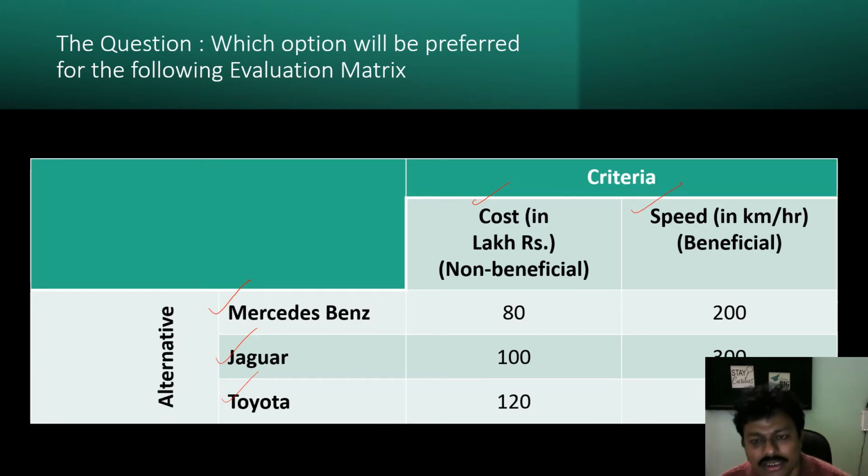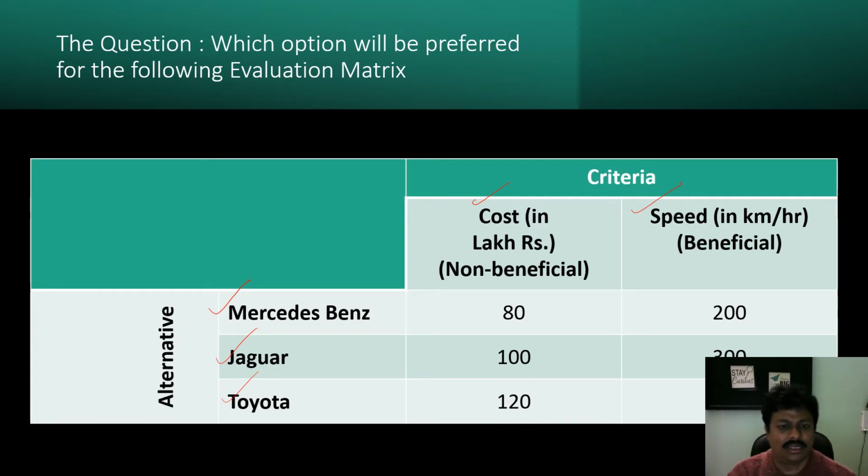Now here you can see that in this method, you can indicate which criteria is beneficial and which criteria is non-beneficial. In case of Electre, we do not have the scope of indicating the criteria as beneficial or non-beneficial.